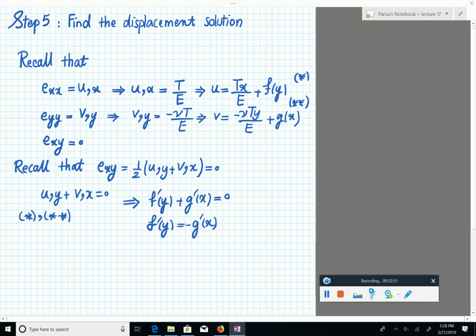They have to be constant, otherwise you cannot have y equal to x. If you have y on one side and x on the other side, there's no way you can satisfy it. It's only possible if both are constants, right? And we take this constant, for reasons that we will see later, as negative omega 0.